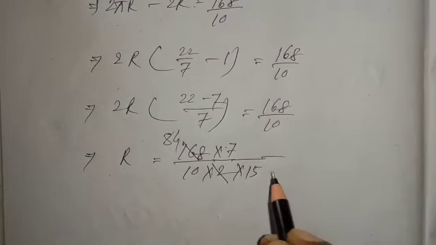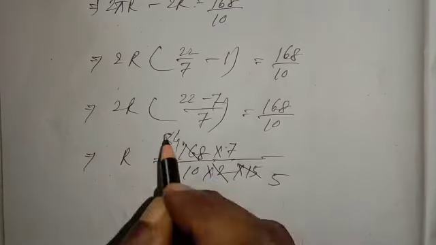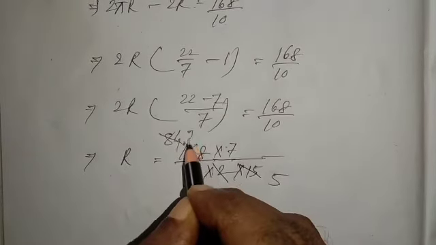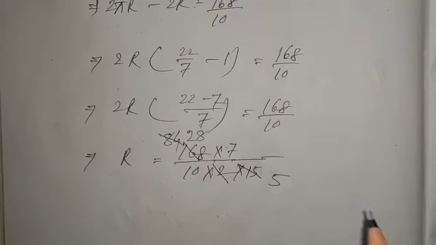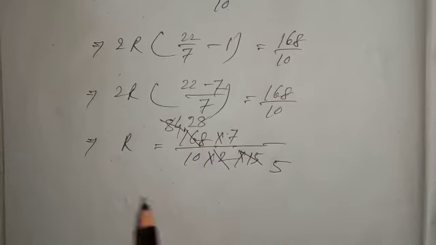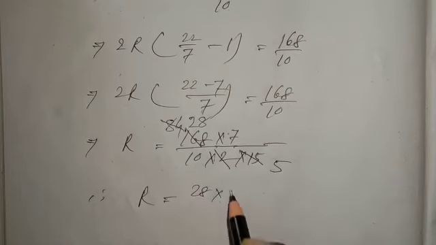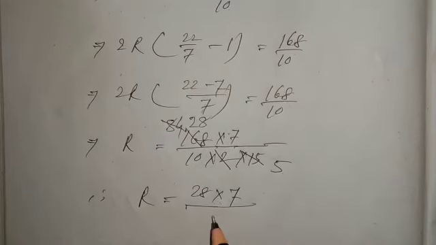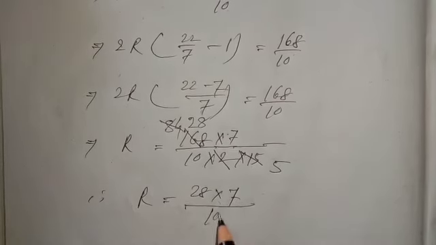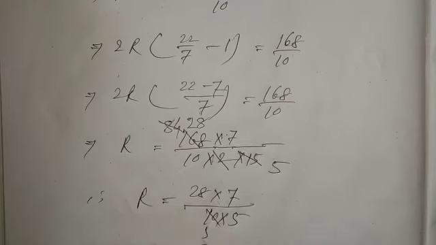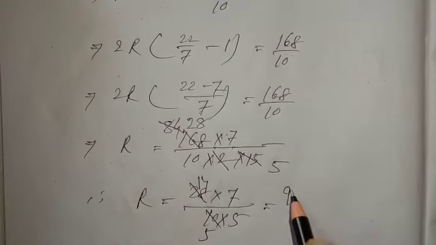It will go by 3: 3 fives are 15, 3 twos are 6, 3 eights are 24. Therefore, r is equal to 28 into 7 divided by 10 into 5. It will go by 2, that is 5 twos are 10, 14 7s are 98 by 25.